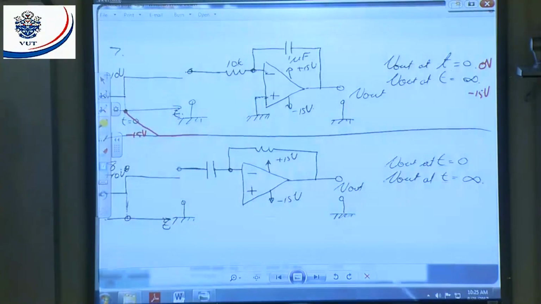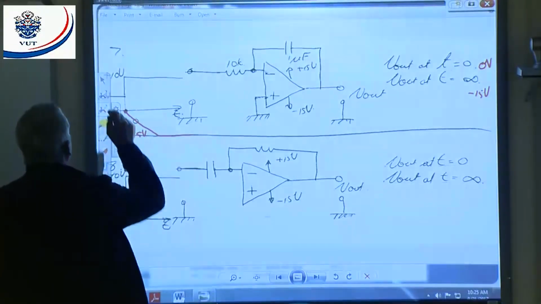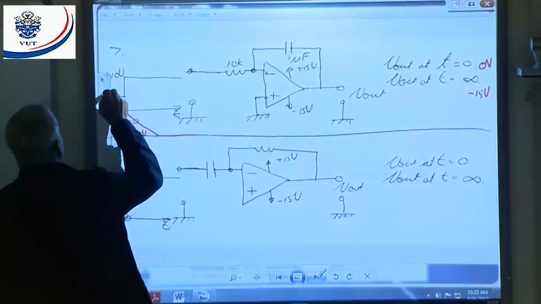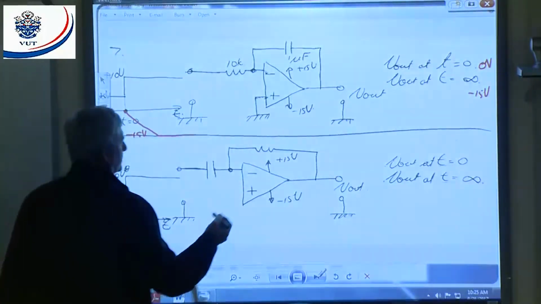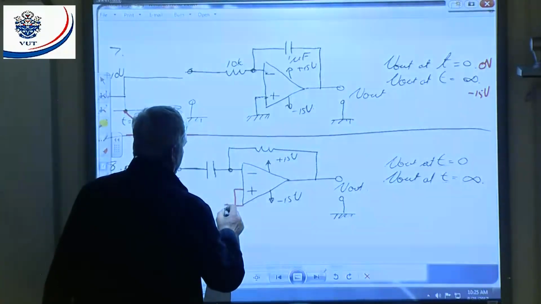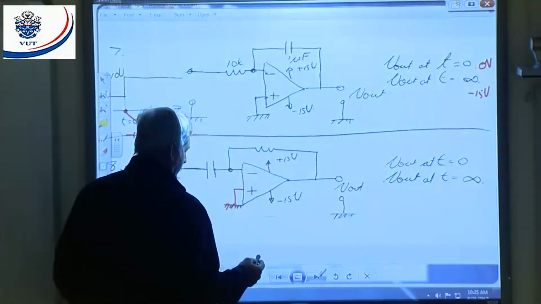If we look at the next circuit, no, it's black, then it's red. I don't know. Let's put that one back.